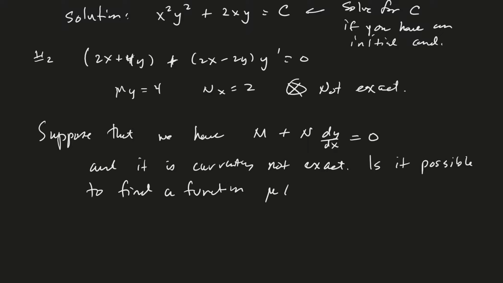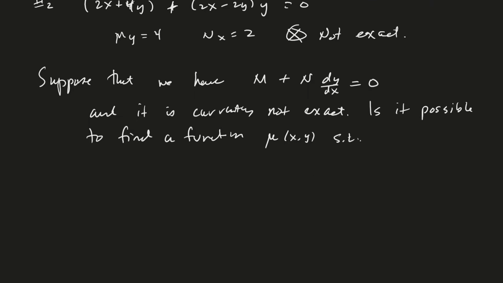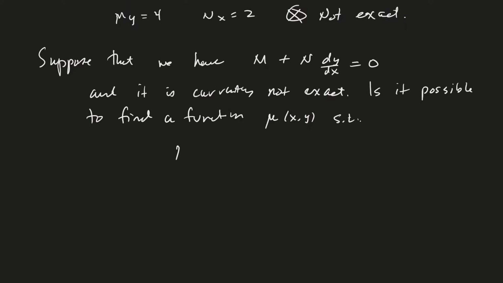Mu of x and y such that when we multiply our equation through by mu, M mu plus N mu dy over dx equals 0 is now exact.